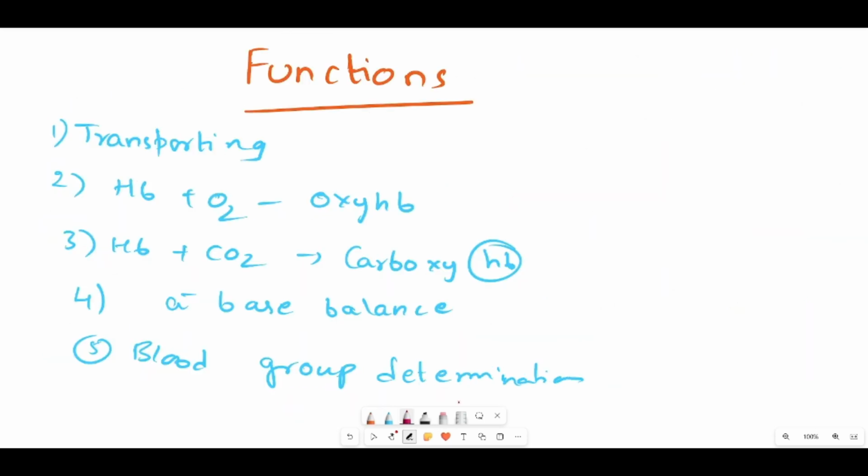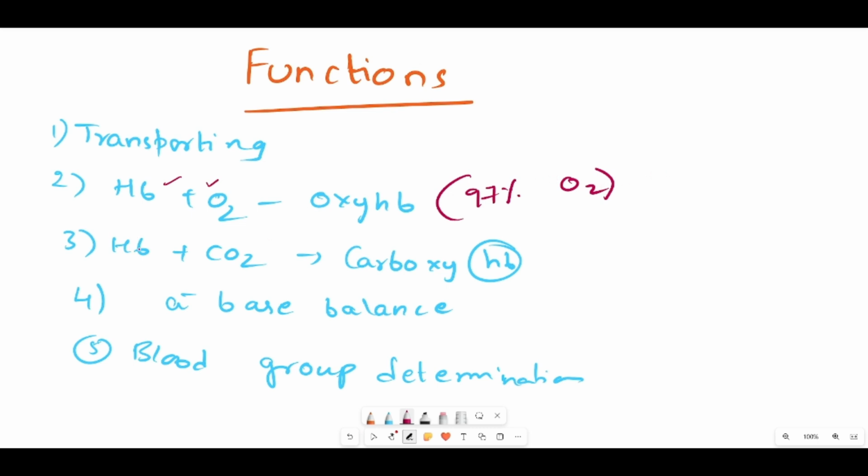So coming back to some other functions of RBC, first thing is it is useful for transporting different respiratory gases. It can be oxygen or carbon dioxide throughout the body. Second thing is this hemoglobin will be binding to the oxygen and forms oxyhemoglobin. And this oxyhemoglobin will be responsible for transporting 97% of oxygen throughout the body.